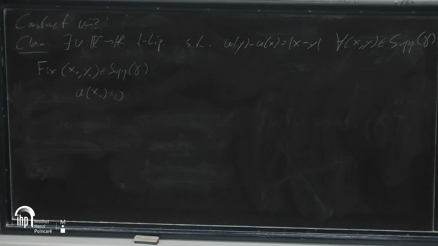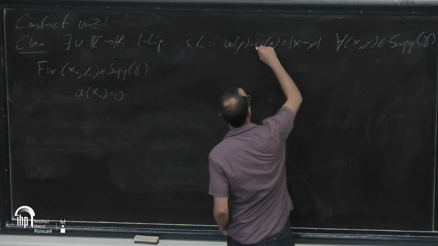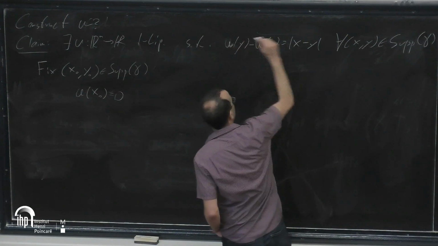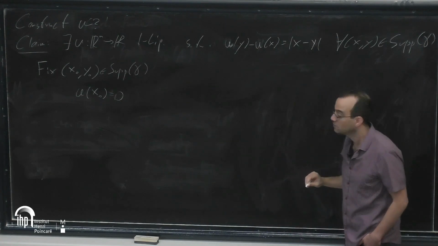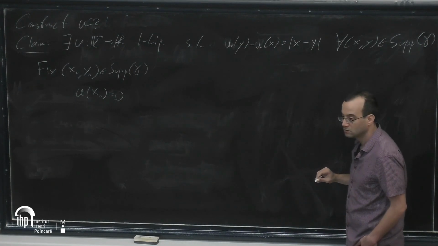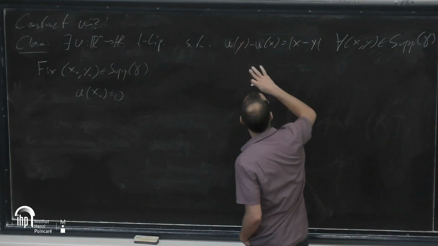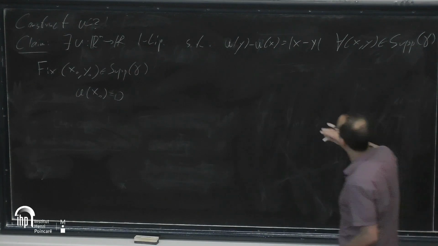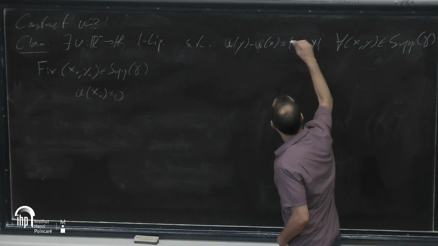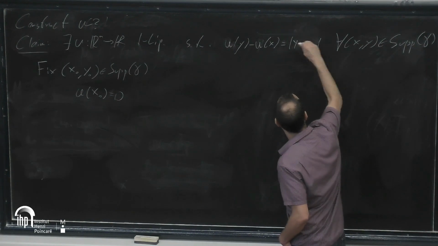u of y minus u of x is the distance between x and y. Student: Do you want y minus x here?